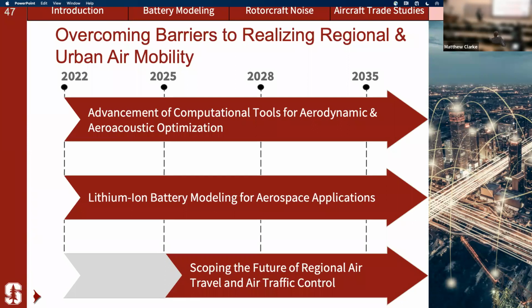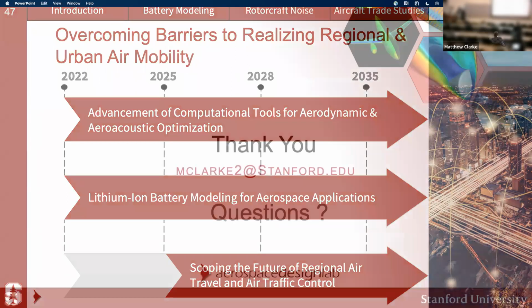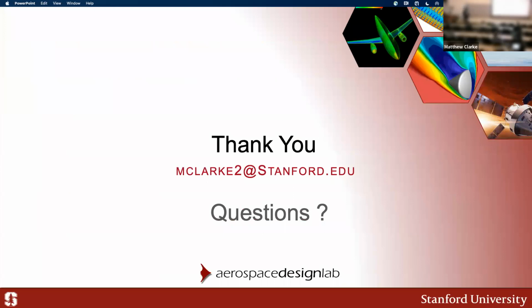And I think these are the two biggest issues facing the realization of urban air mobility systems today. And then lastly, after some time, once we have that understood, then looking at scoping the future of regional and urban air mobility to really realize this idea. So with that, I want to thank everyone here and open for questions.